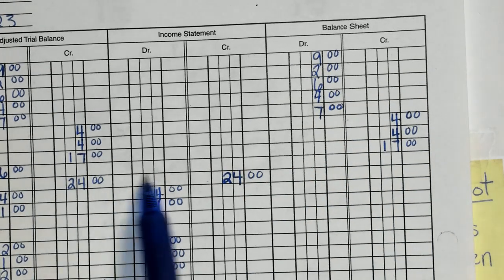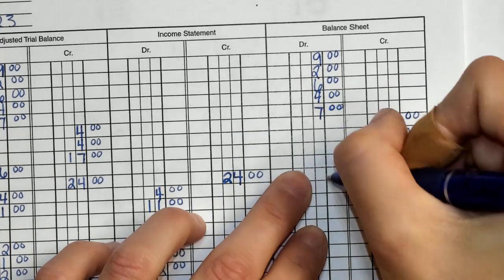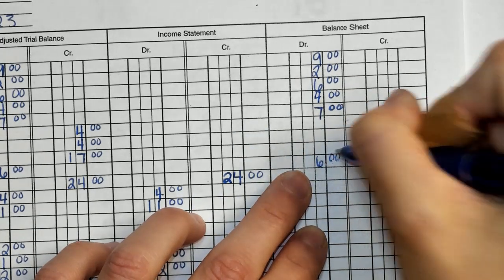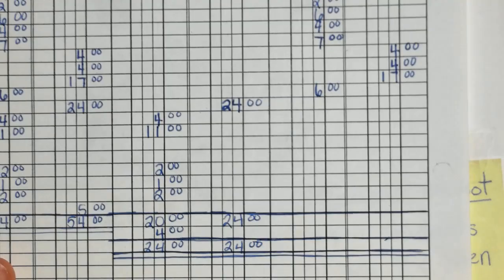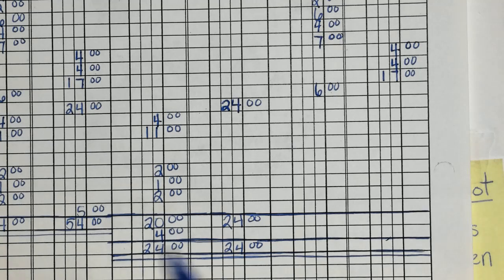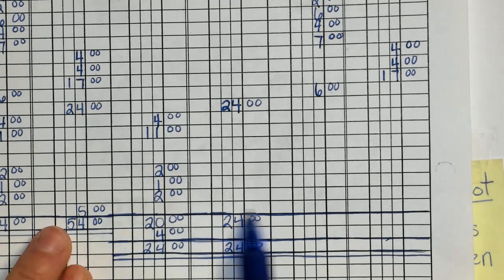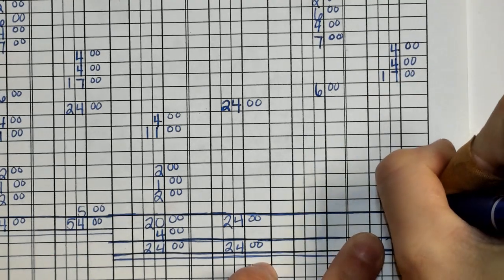And withdrawals has $6 debited. And then the very last line before totals, our salaries payable would be 5.